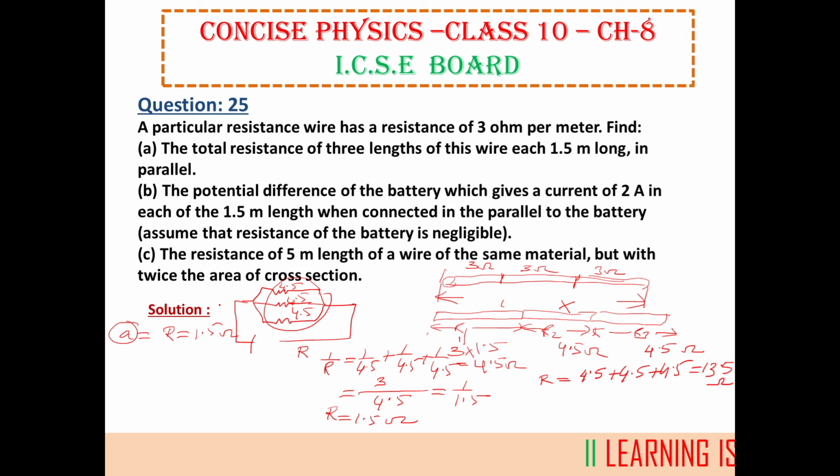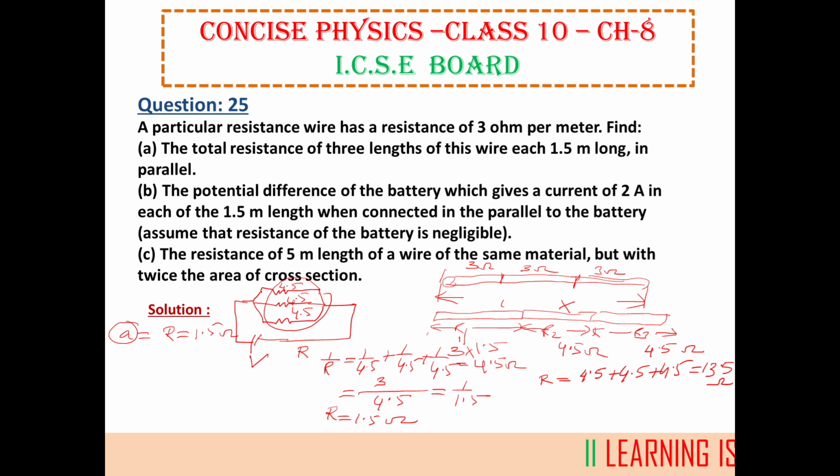Now come to question number B. The potential difference of the battery, which gives a current of 2 ampere in each of the 1.5 meter lengths when connected in parallel to the battery. So if it is connected to the battery V, we don't know what the voltage V is, we will have to find it out.